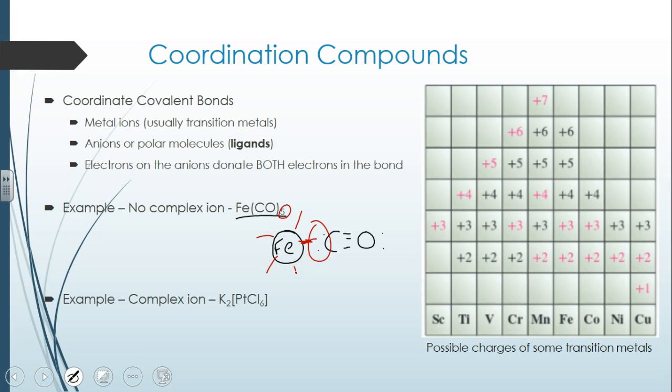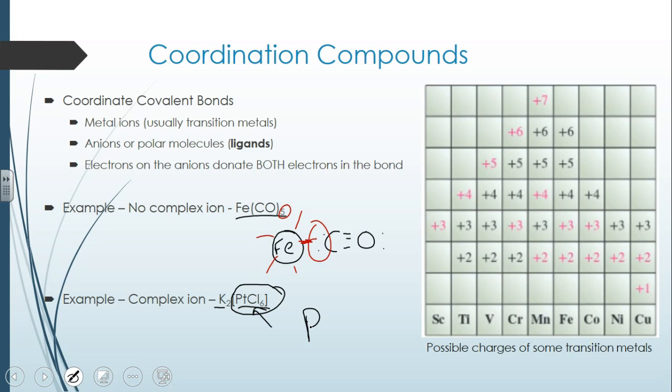Now, sometimes you end up with what we call a complex ion. And that's when the coordinate covalent bond is part of an ion, which is then, in essence, part of a greater compound. So here, in this second example, I have this guy. This is a complex ion because it has coordinate covalent bonds in it.